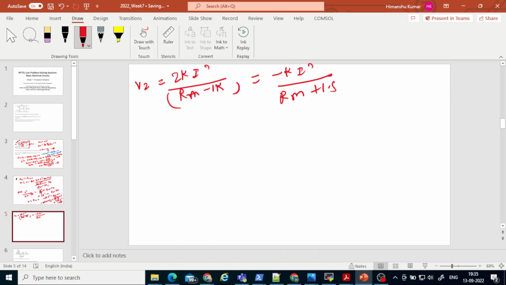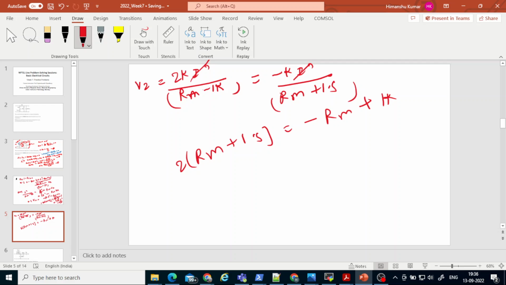Okay, so now this I dash got cancelled, so we can multiply, so 2 times Rm plus 1.5 equals to minus Rm plus 1k.